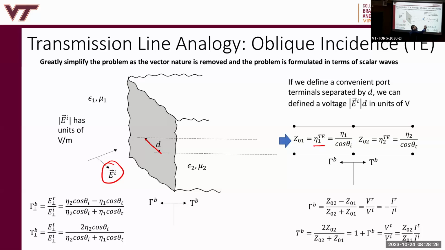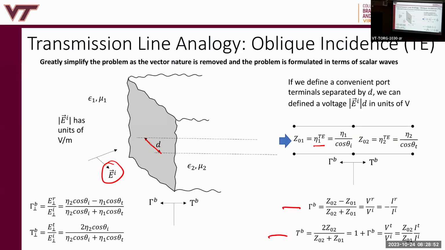You just have to use the TE polarized characteristic impedances. All right? Z naught 2, eta 2 TE, is eta 2 over cosine theta T. For the TM case, or the parallel polarized case, this will be eta 1 times cosine of theta and eta 2 times cosine of theta. And I think we're going to go over that. Okay.